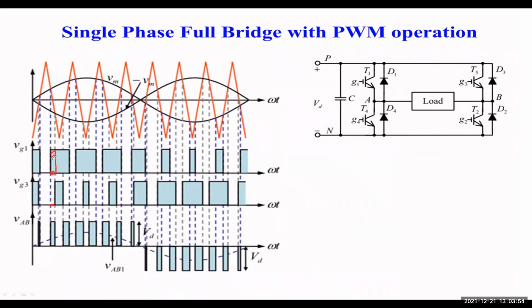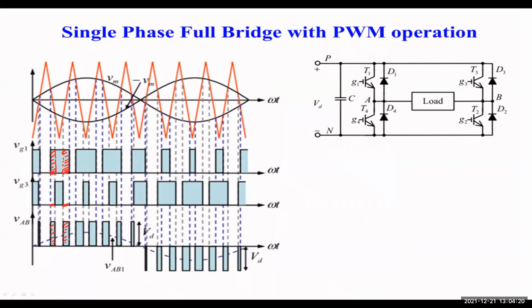Similarly here also there is no VG2 or VG3 gate signal. So VG1 minus VG3 gives our signal, from here to here. This is the signal we will get across the load.